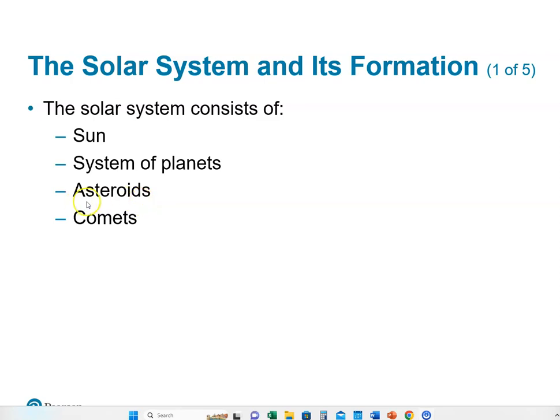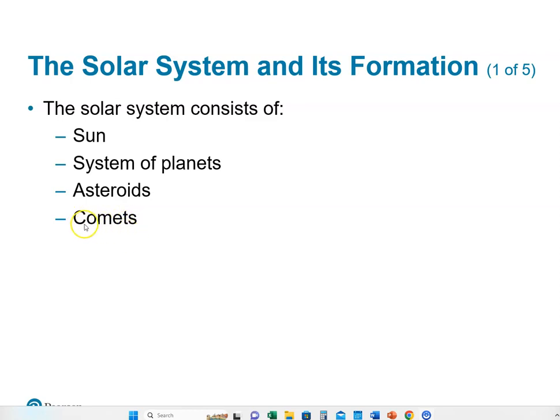That's called the main asteroid belt, and then beyond the orbit of Neptune, there's another region called the Kuiper belt. We'll talk a little bit about that. That's what Pluto is actually part of.